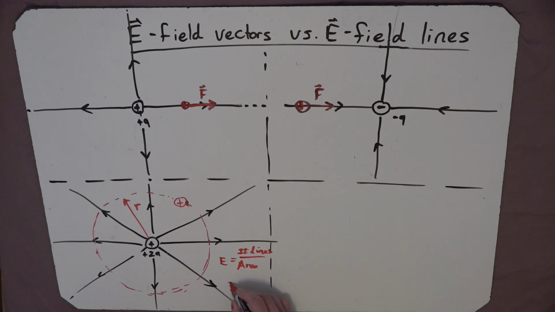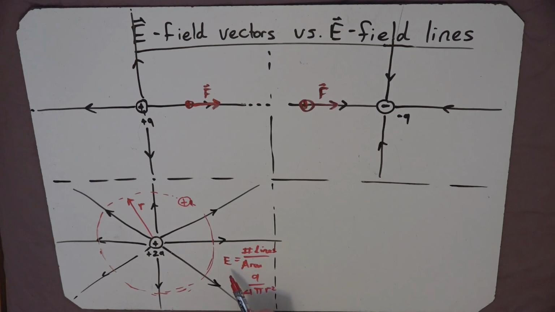In this case, it would be equal to Q over 4 pi r squared, where Q represents the number of lines and 4 pi r squared represents the area of the sphere of radius r. The beauty of representing the E field as the lines per unit area is that you get this 1 over r squared dependence that we know the E field around a point source charge has.